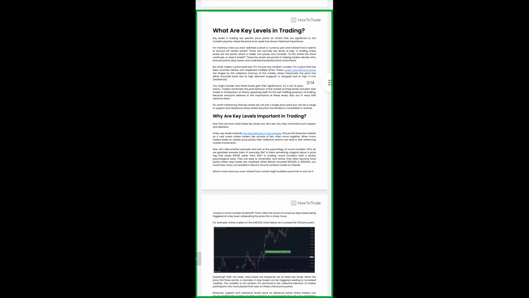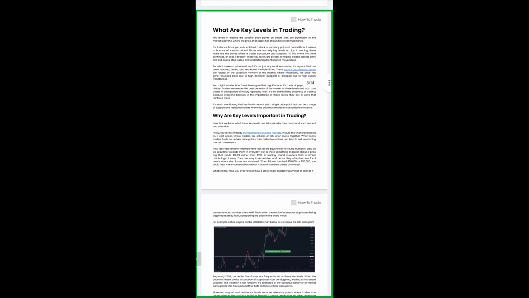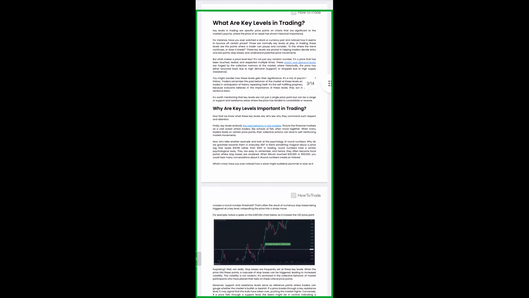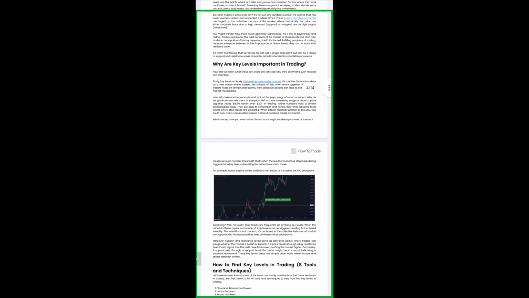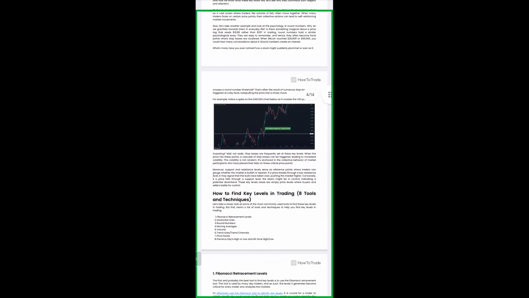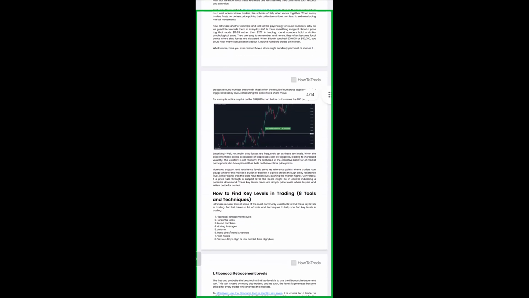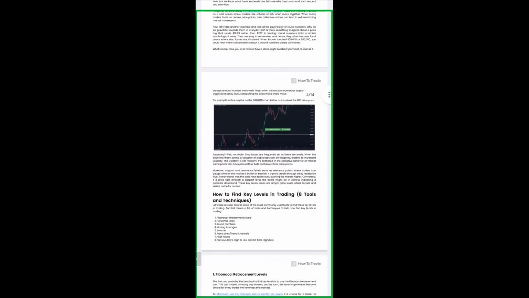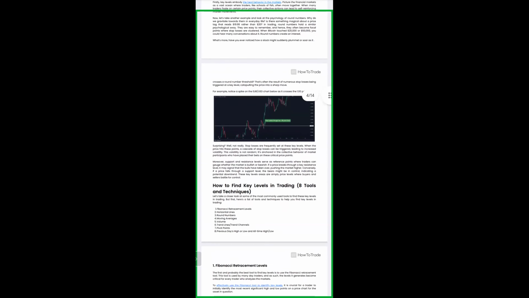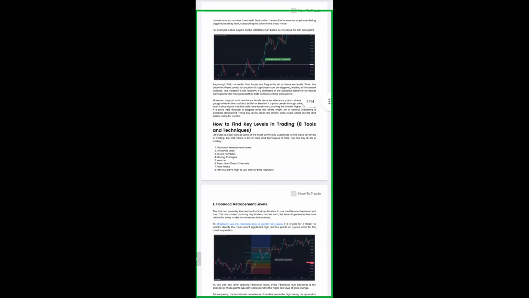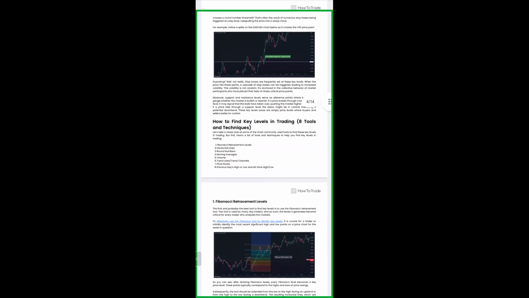Another way of identifying key levels is a breakdown, whereby the price breaks out of a range and starts moving below a support line and starts going down. In fact, these are basically things that Rich Vendiga's strategy uses. So one thing is that we need to know how to identify key levels.